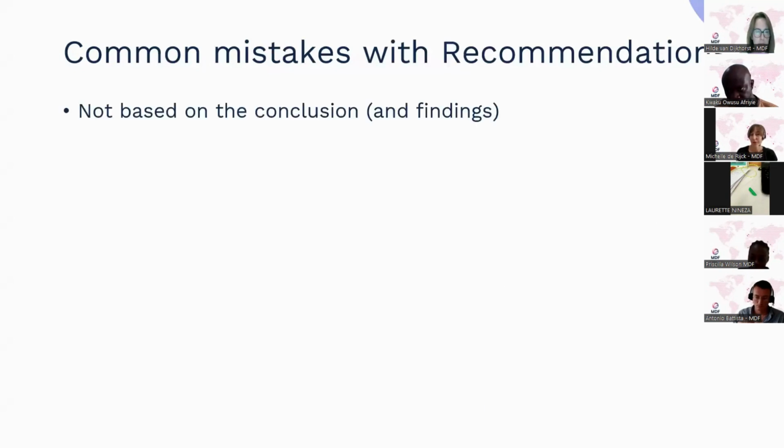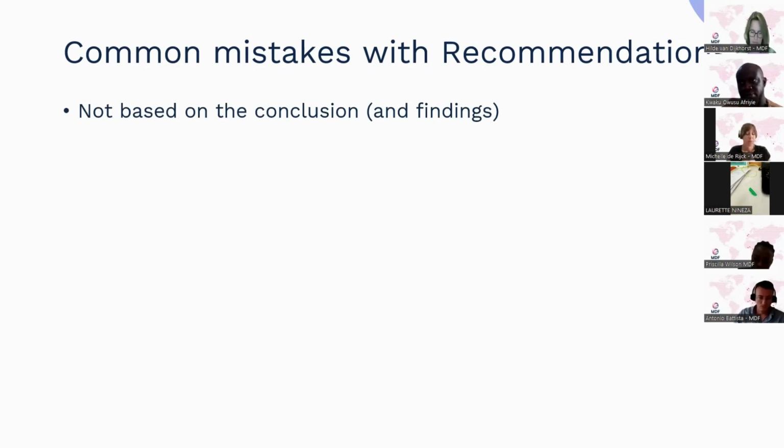So first of all, same as Kwaku was explaining, people also make mistakes with formulating recommendations. The same as with the conclusions, sometimes recommendations are not clearly linked to the conclusions or the findings. Then it's very hard for the recipients of the recommendations to understand why the evaluator came up with these recommendations.